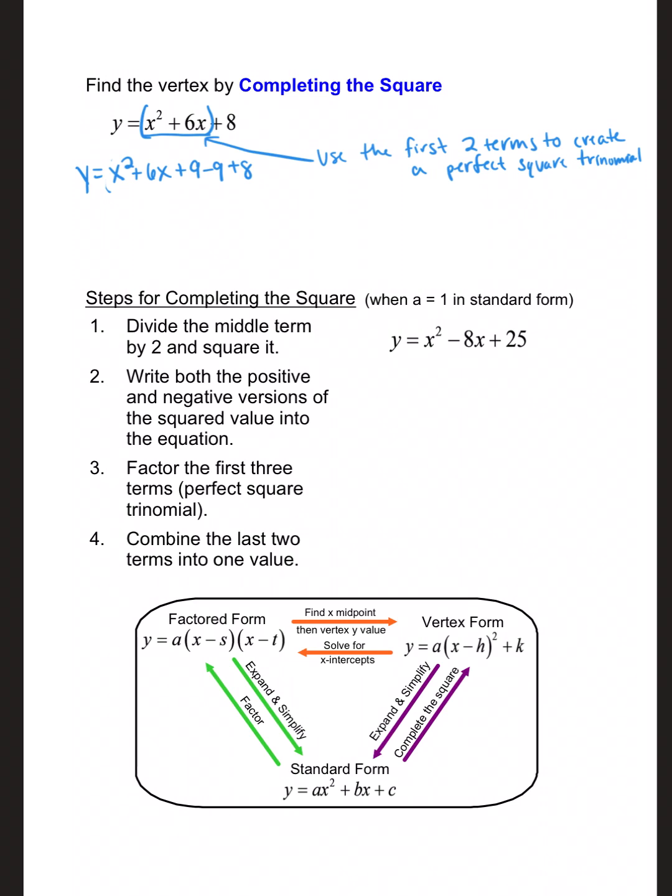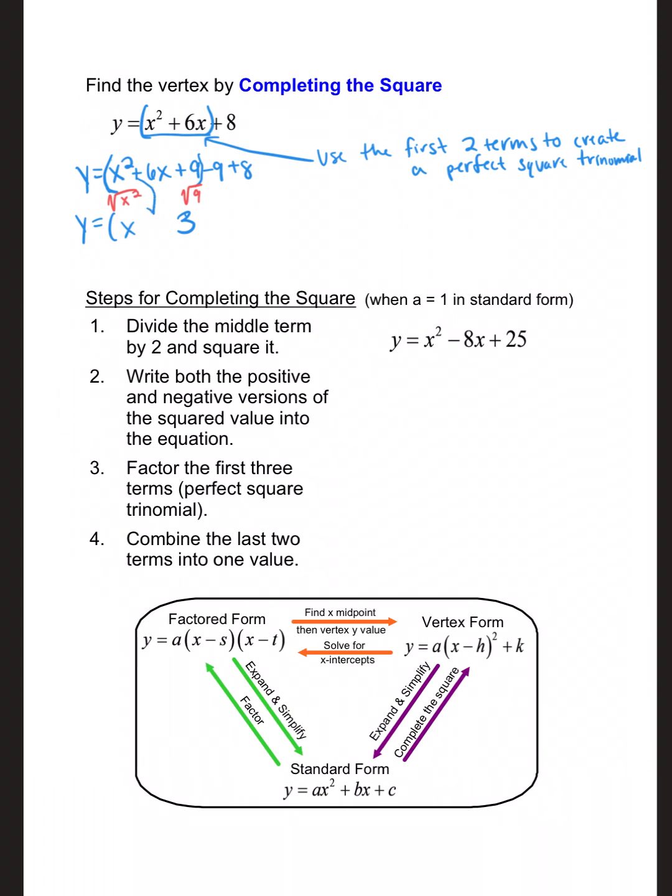Okay, so now we know we've created this perfect square trinomial with those first 3 terms, and we can factor it. I'm going to take the square root of x squared, and I'm going to take the square root of that 9. So that'll be x, and the square root of 9 is 3.